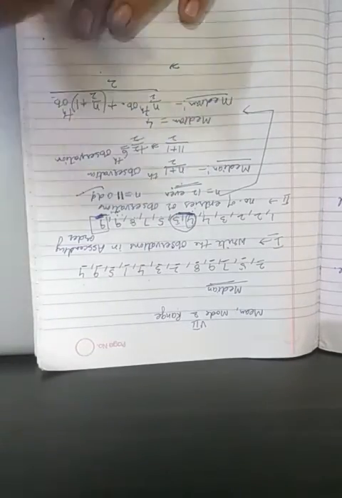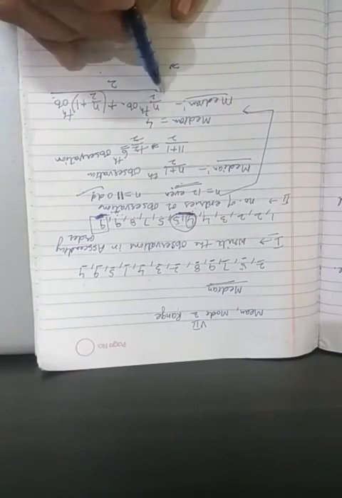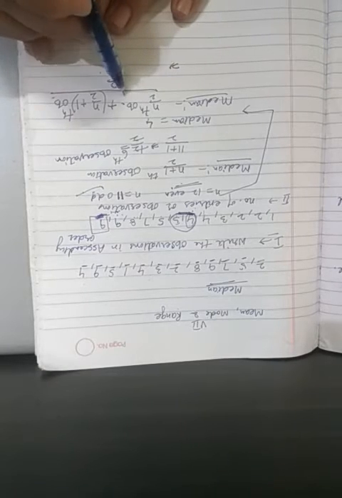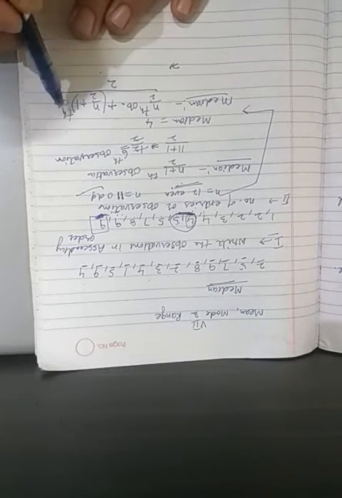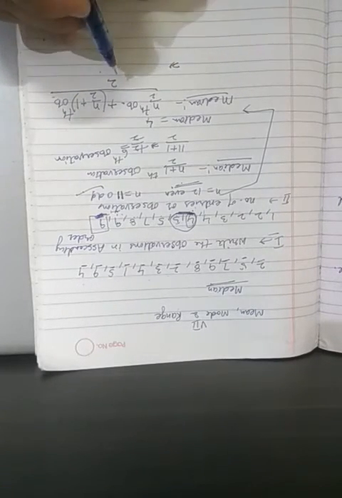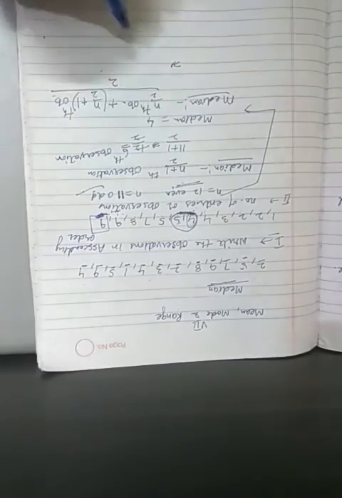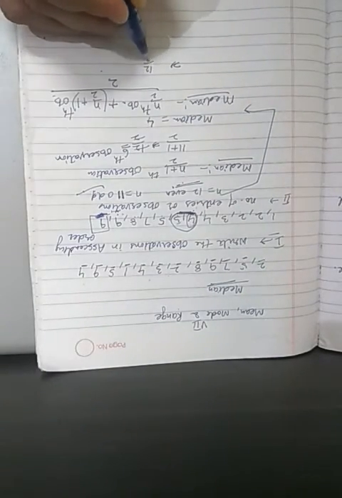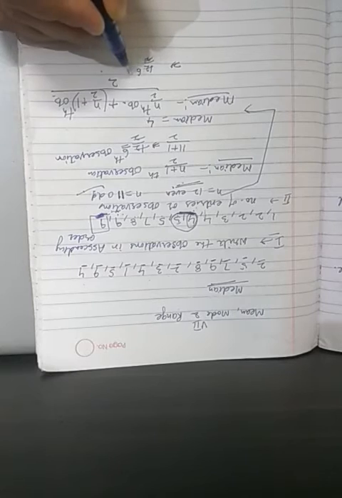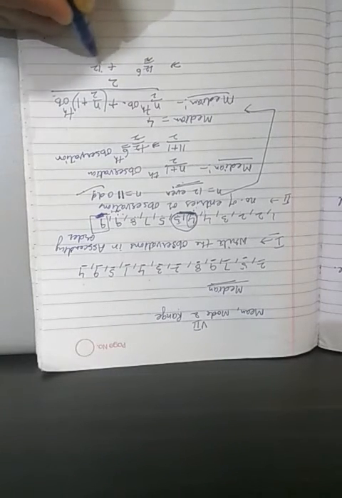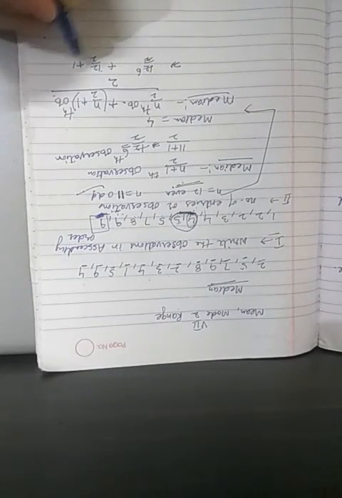So to find out the median, the formula will be the n by 2 th observation plus the n by 2 plus 1 th observation, divided by 2. As n is 12, 12 by 2 is 6, plus 12 by 2 plus 1 means 6 plus 1.